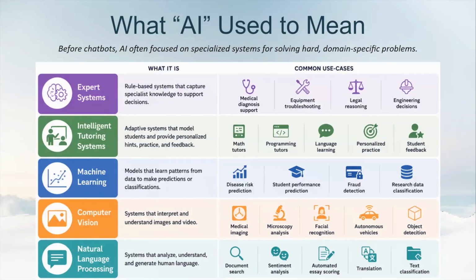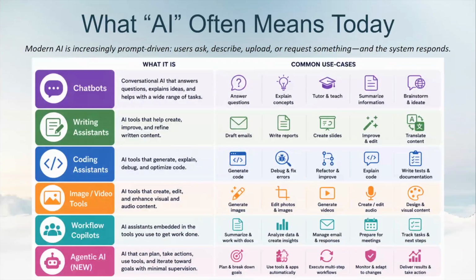It's just in recent years that it's really exploded with large language models and chatbots. But these things have been around for decades. But today, the sort of meaning of AI, I think, has changed.